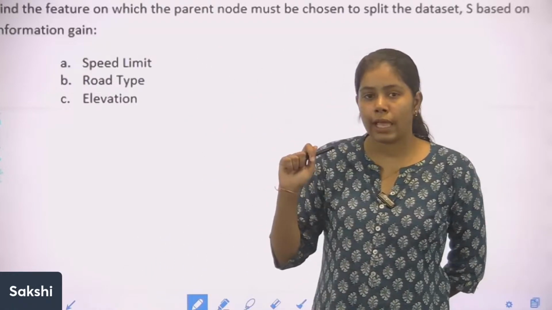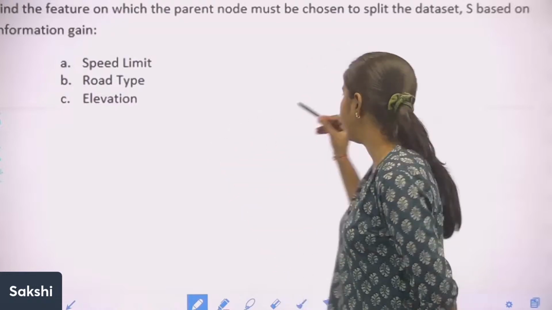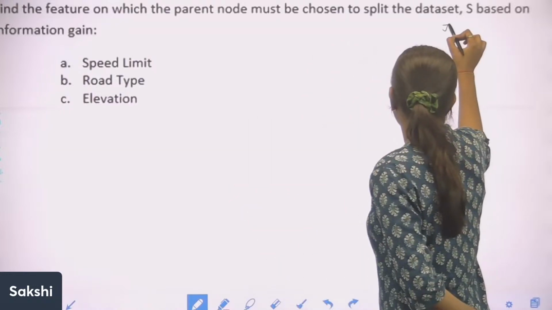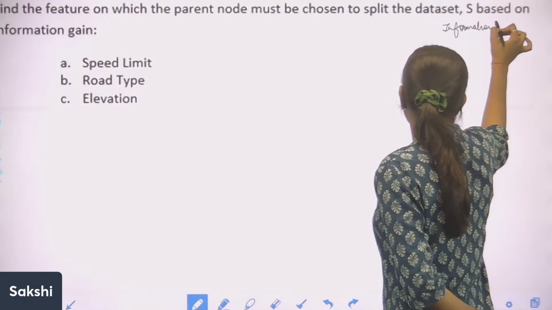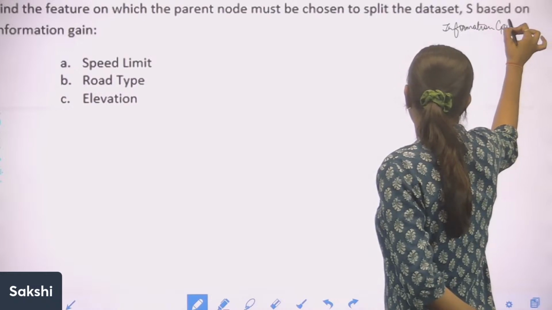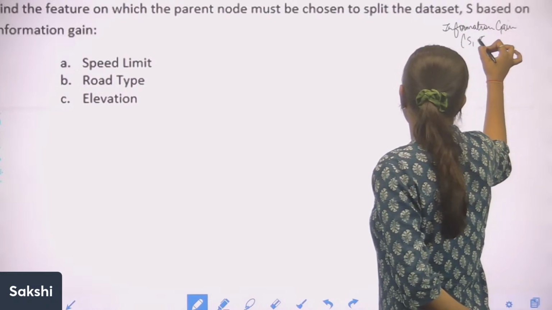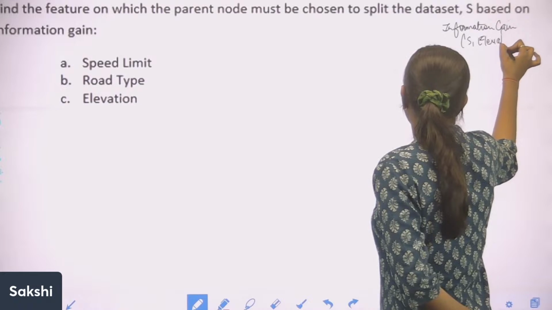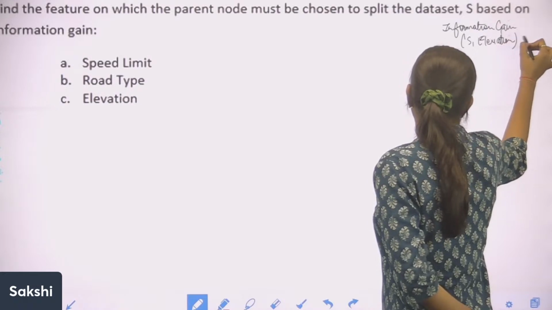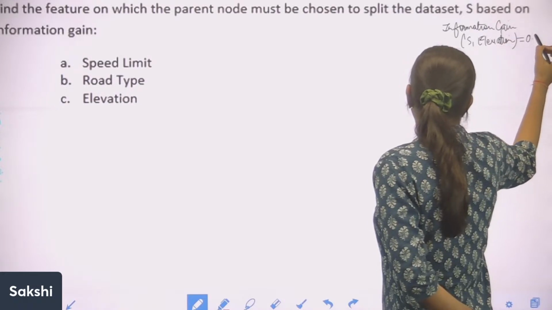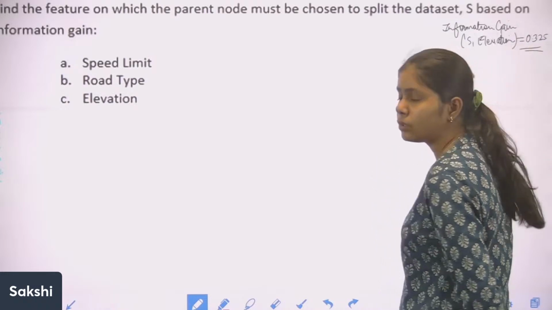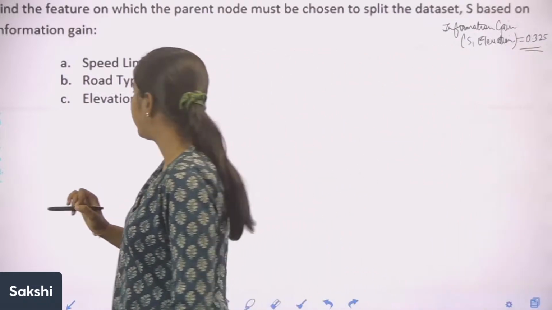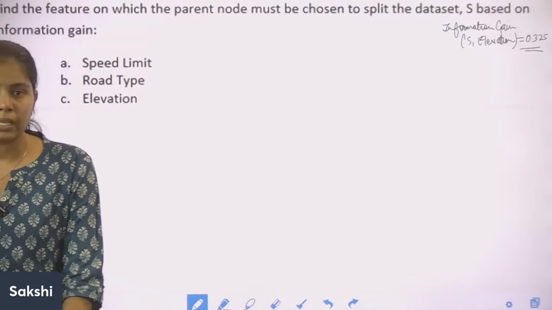Information gain for S comma elevation I already got, which is 0.311 or 0.325. Let's assume 0.325. Can you guys tell me what would be the information gain for road type and speed limit?